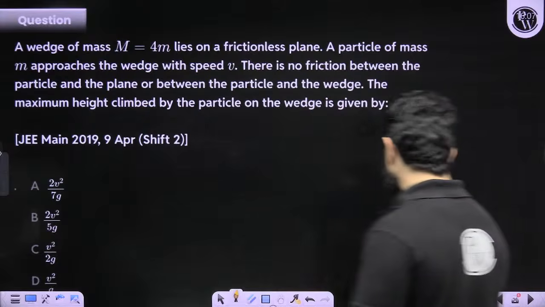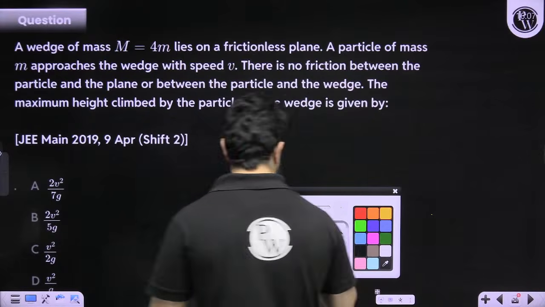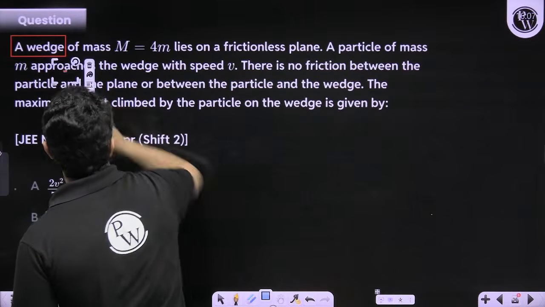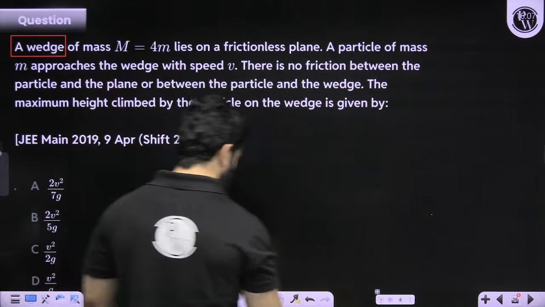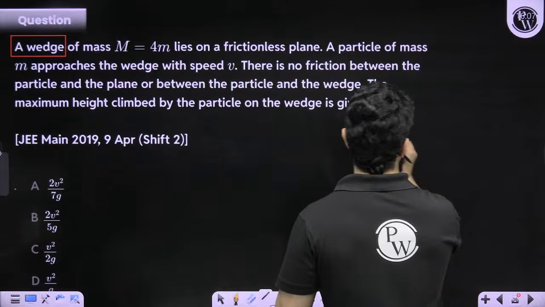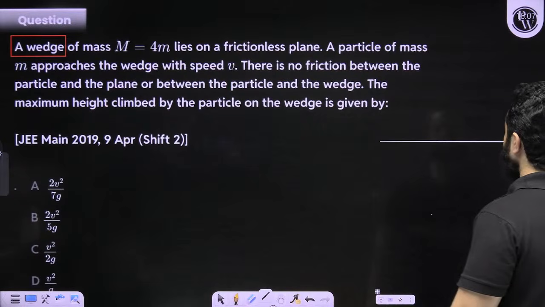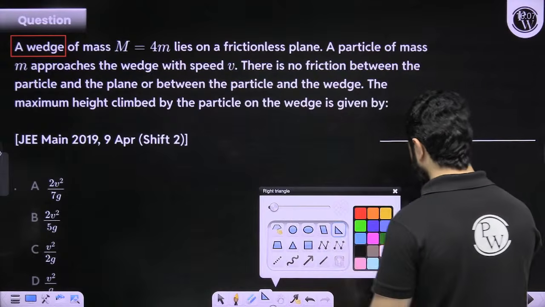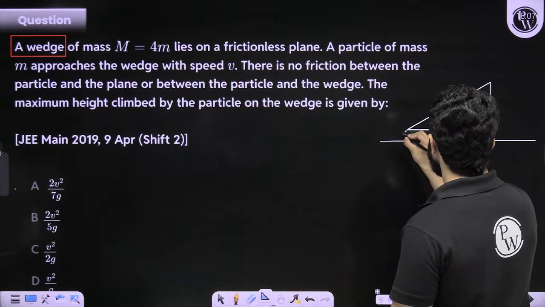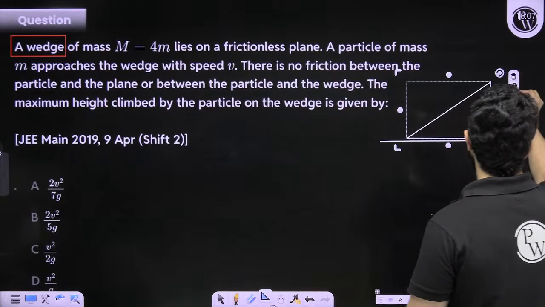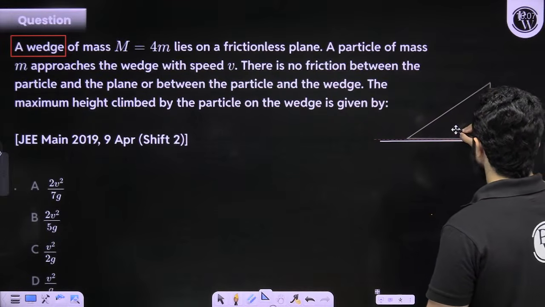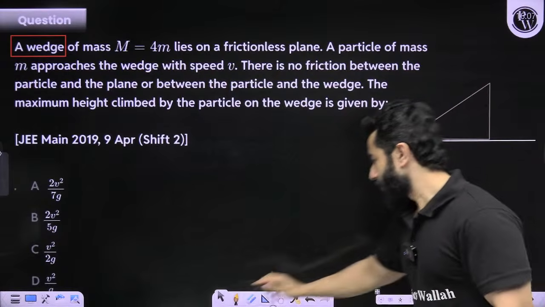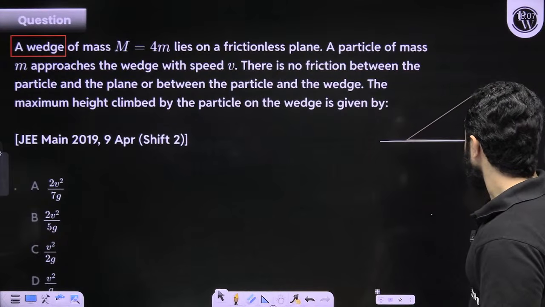See, a wedge is a different thing. Whenever you see a wedge, please note that it can move. So we have got a situation somewhat like this. Kindly read the question; by that time I am drawing the diagram for you. You have got a wedge somewhat like this.